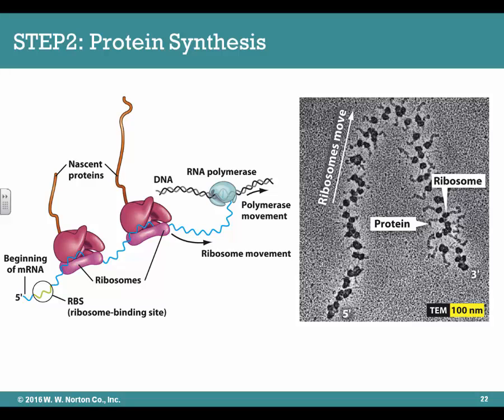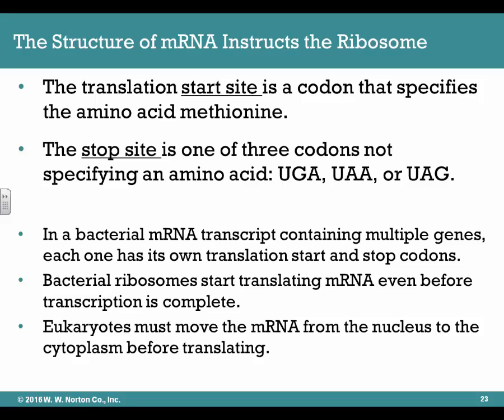So step 1 and step 2 are two separate events in eukaryotes, whereas in bacteria they're happening simultaneously. And so you get a very quick process of gene to protein in bacteria, unlike eukaryotes, which takes a little bit longer because of the processing and movement necessary.